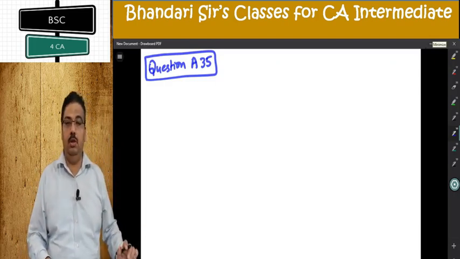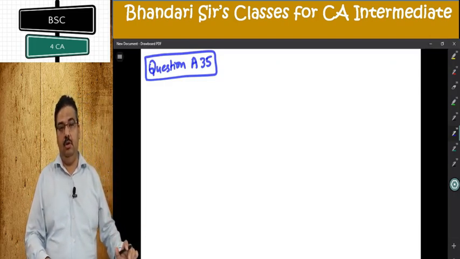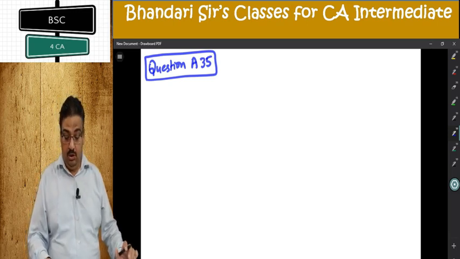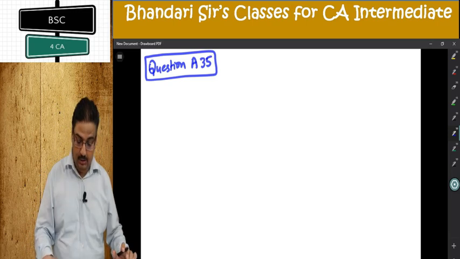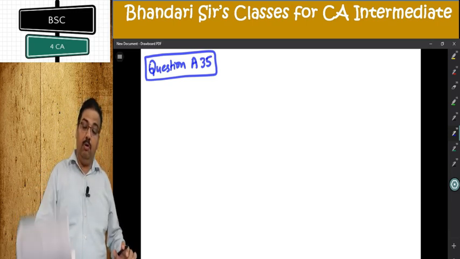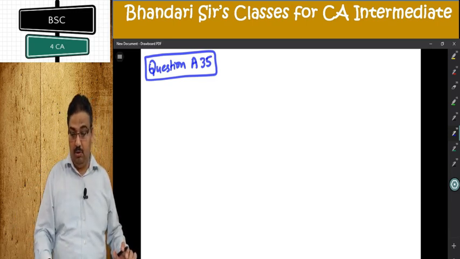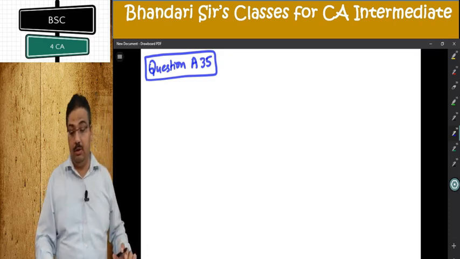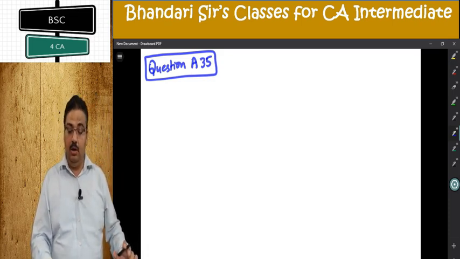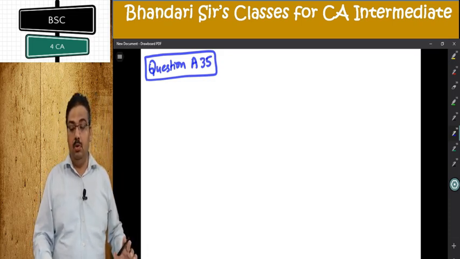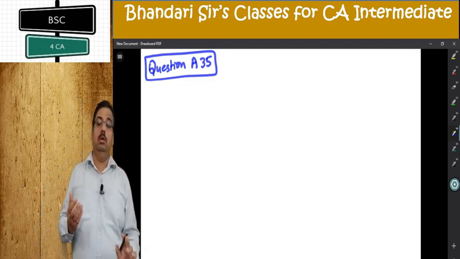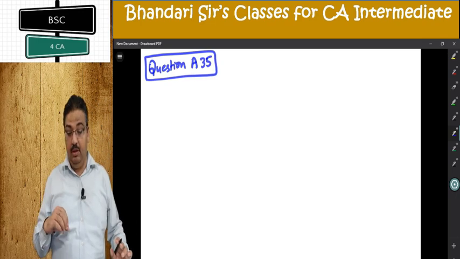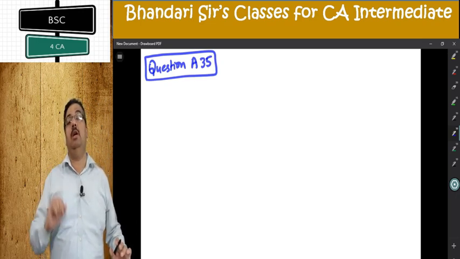The next question is A35. In this question, you are given one income statement at 40,000 units. You are given all variable cost, fixed cost of two types, specific and allocated, and you are given profit also. You are required to calculate the profit when there are changes in the basic data.